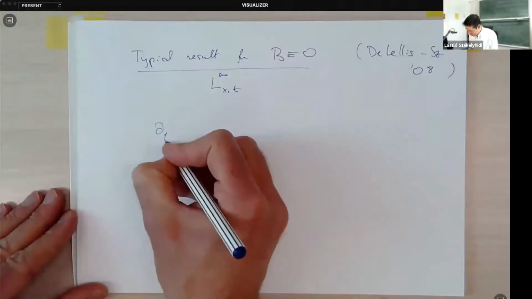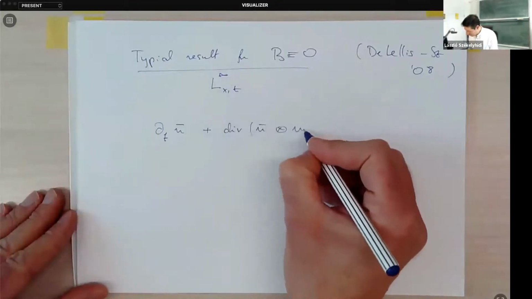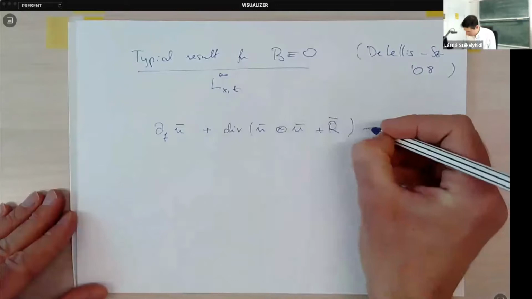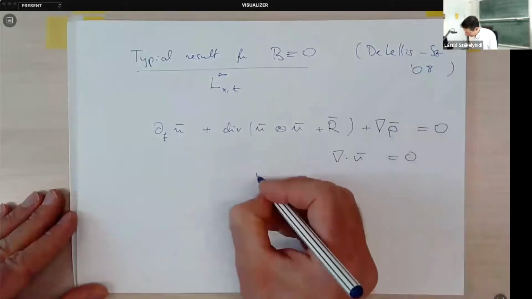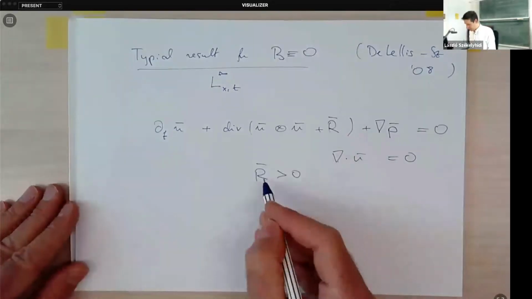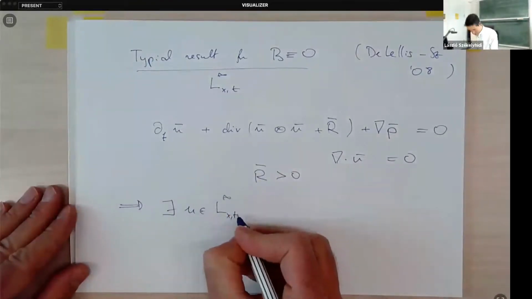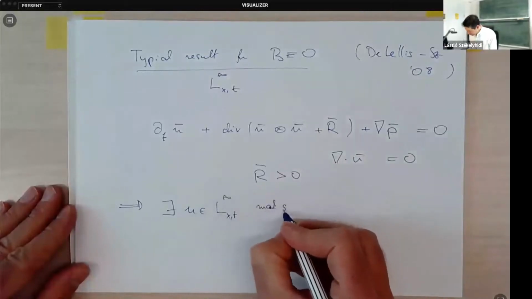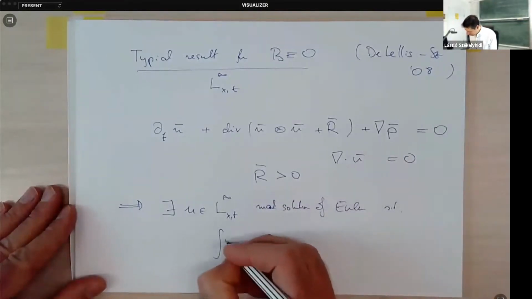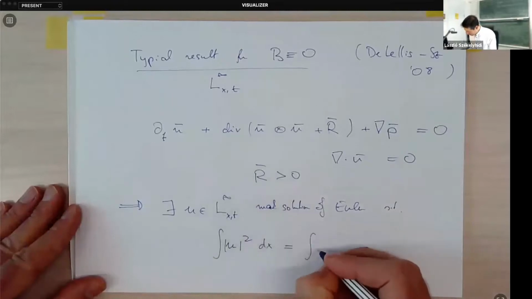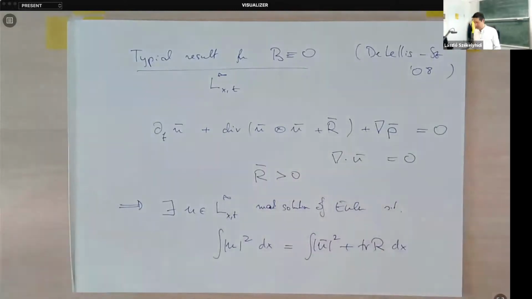If you have a U bar, which is a solution of this system, so there is some Reynolds stress, this would be the Reynolds averaged Euler, and R is strictly positive, a positive definite tensor, then there exists U, which is bounded, which is a weak solution of Euler, such that the energy of U is equal to the energy of U bar plus the defect, what is given by the defect.